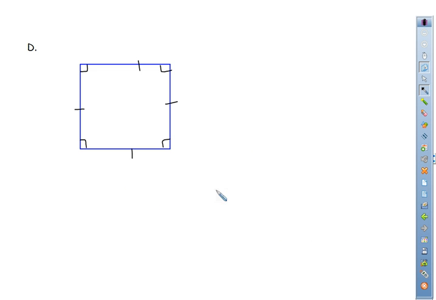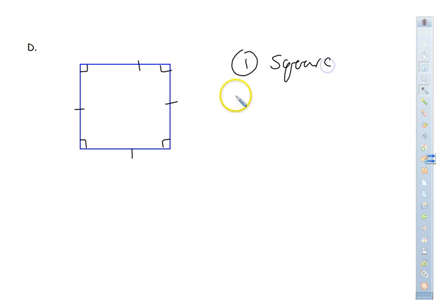For letter D, I want you to list all the possible quadrilateral names that you could give this shape. So go ahead and hit pause. So the first one, probably the best answer to this, is a square. Number 2, the next best answer, well, it could be many.